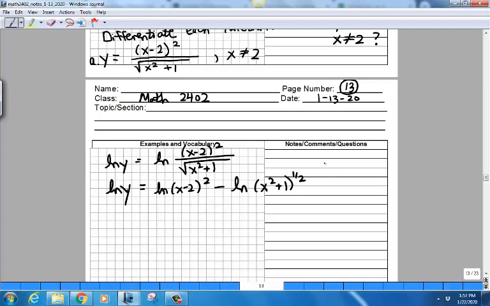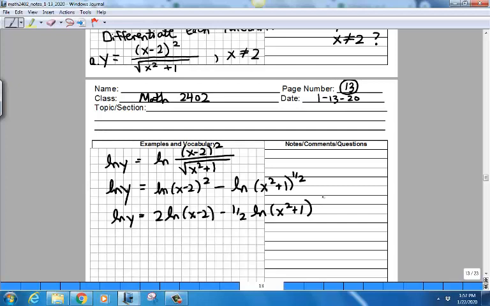And can I break that down more? Yeah, by bringing the powers down. So I have natural log of y is equal to 2 times the natural log of (x minus 2), minus 1/2 natural log of (x squared plus 1).